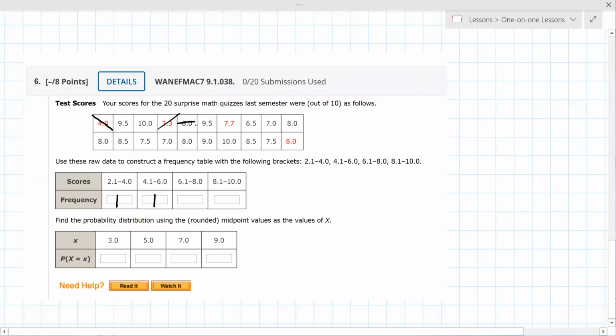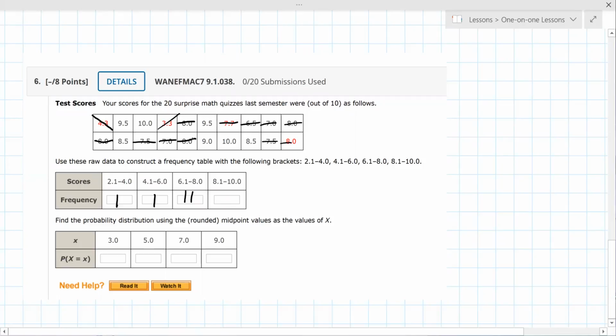So 1, 2, 3, 4, 5, 6, 7, 8, 9, 10, 11. So it looks like there's 11 there. And then the rest should fall into this new window.